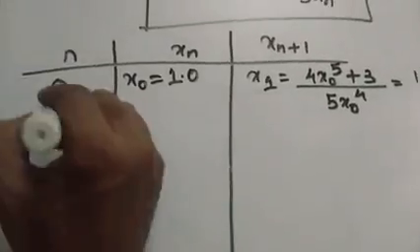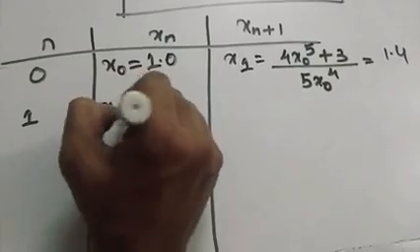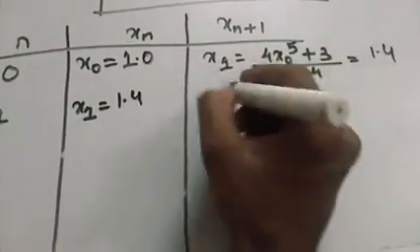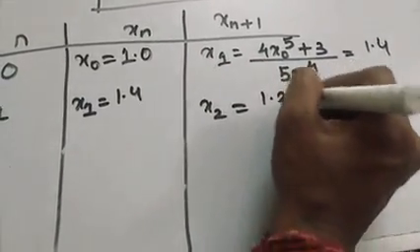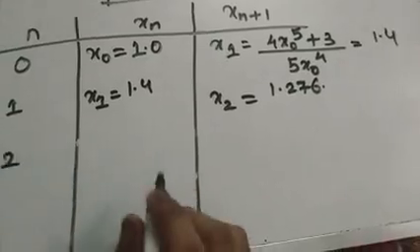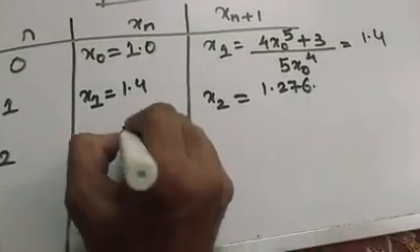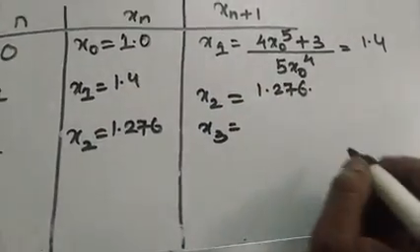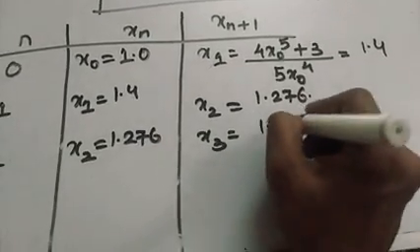Now the next iteration step, n equals 1, that is x1, which we got as 1.4. Putting the values here we will get x2 as 1.276. Then the second iterative step, x2 is 1.276, and after putting the values of x2 we will get your x3 as 1.2471.